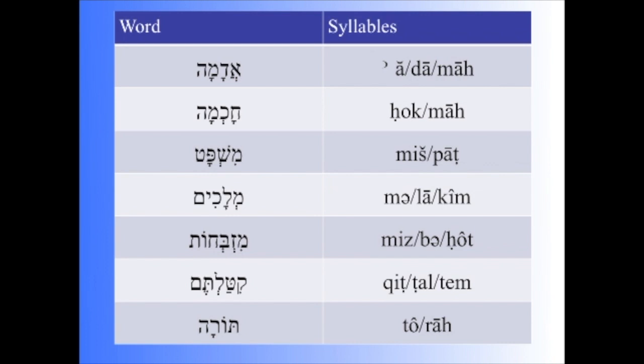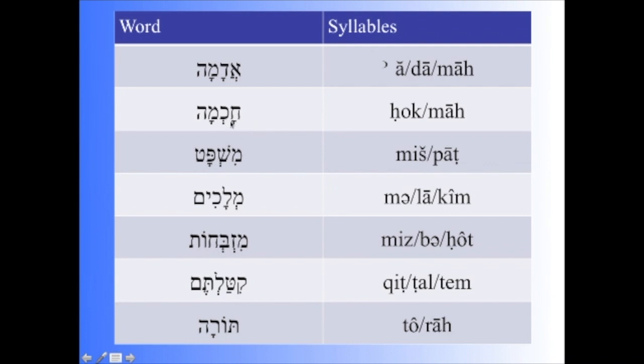If we go down to the second word, what we notice is that there is a shva underneath the kaf. Now, in all of these examples, the stress is on the final syllable. So our only question is, is this the kamets or the kamets hatuf?